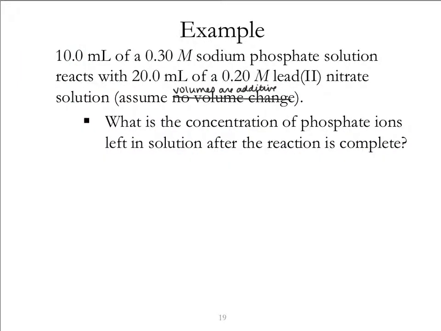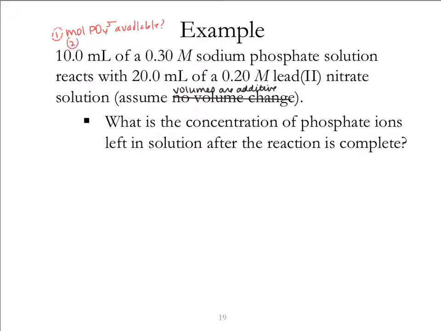So the last part of this question, we have the same scenario again, and now we're looking for the concentration of phosphate ions left in solution after the reaction is complete. So there's actually 3 parts to this. This is a little trickier. We need to first figure out how many moles of phosphate are available at the beginning.